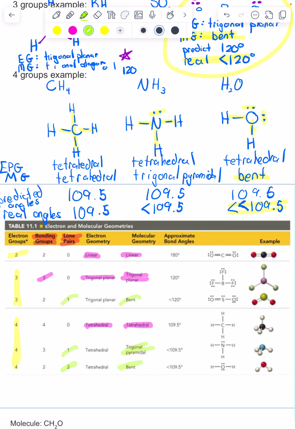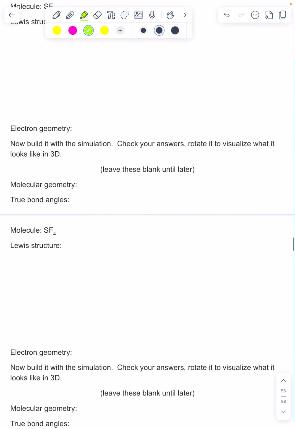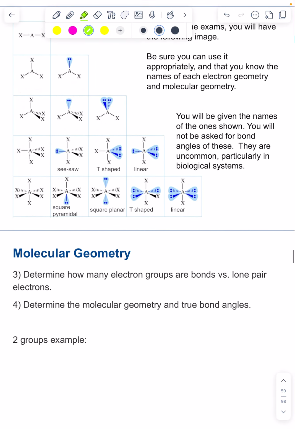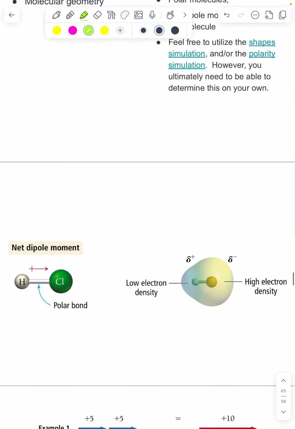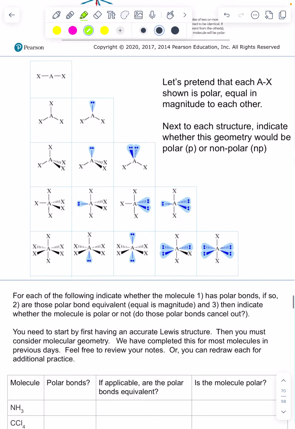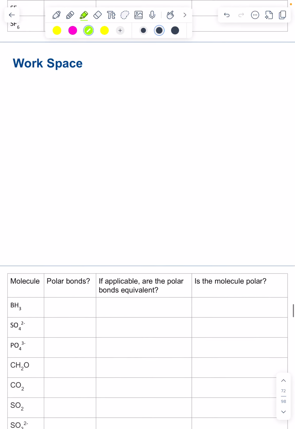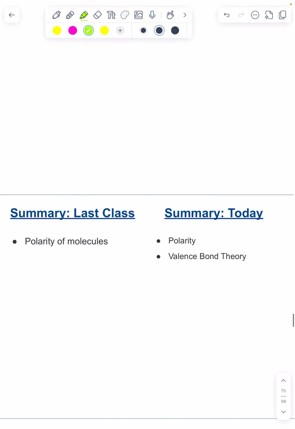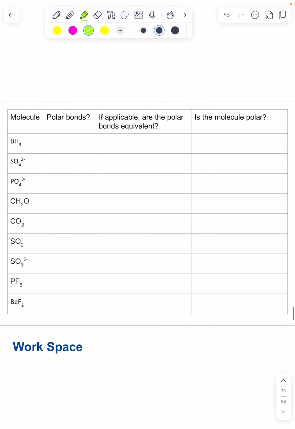So we're going to do a couple practice ones, and then we're going to finish off with 5 and 6 groups. So if you go look, I'm sure I have this later on, actually. Let me see. Oh, we don't even do 5 and 6 groups till later. Is that right? Well, where did they go?